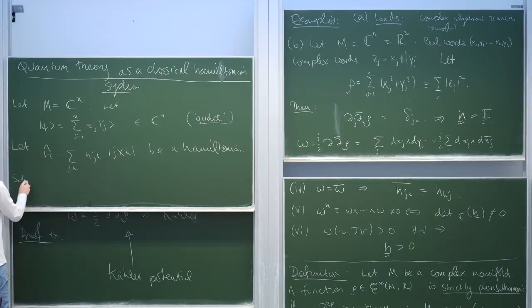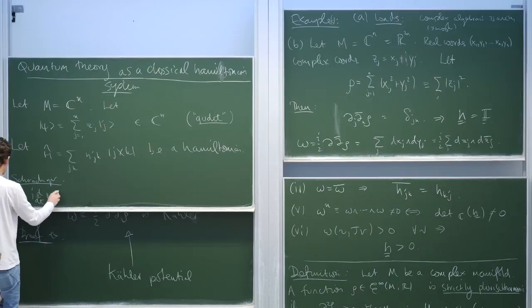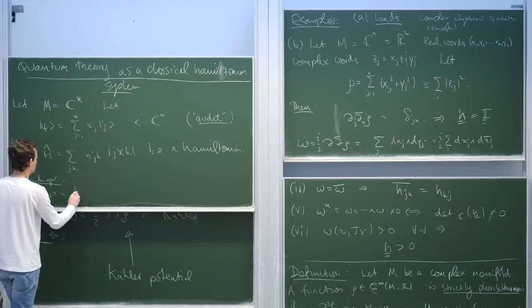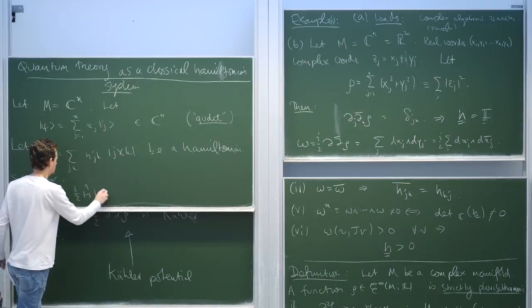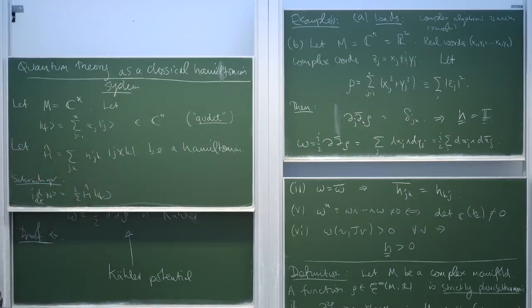And the Schrödinger equation, what does it tell us? Well, it says that the time evolution of our state vector must obey this first order equation of motion here. That's the Schrödinger equation. I've put a factor of a half in there for convenience.